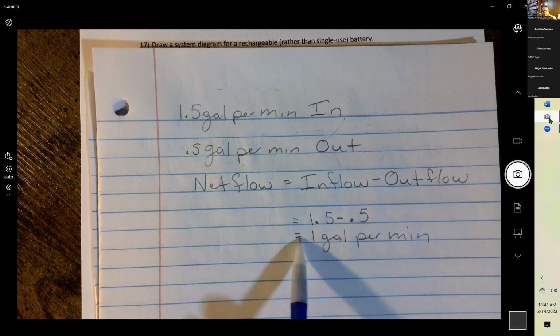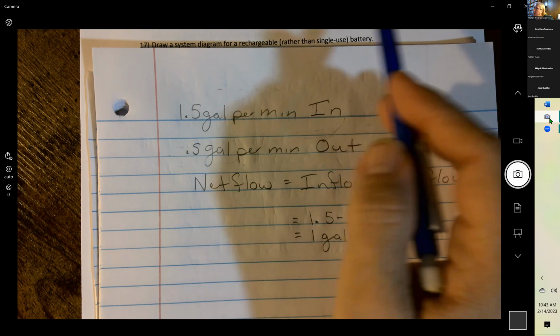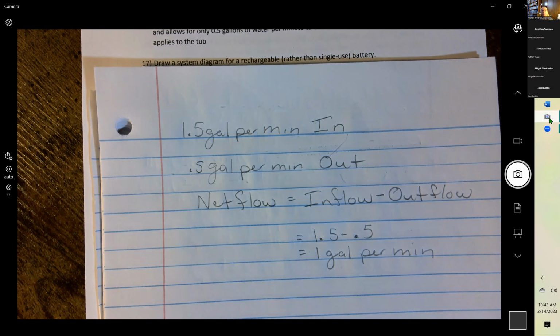So our net flow is 1 gallon per minute. You just subtract your inflow and your outflow. Is this tub at whatever it was, shower or tub? Yeah, it's a bathtub. Is it in an equilibrium?